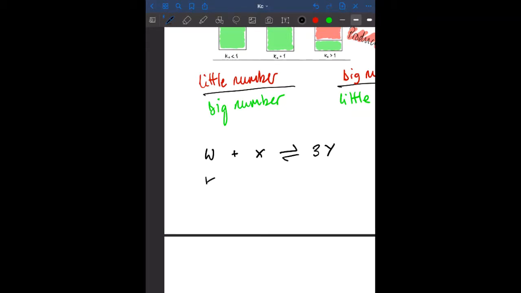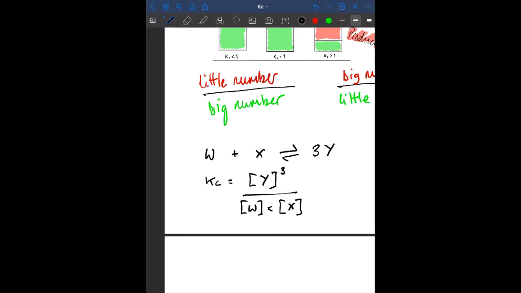KC for this would be the concentration of Y to the power of 3 divided by the concentration of W times by the concentration of X. And that's our expression. Later on, we will have a look at how we substitute values into that to be able to calculate KC.